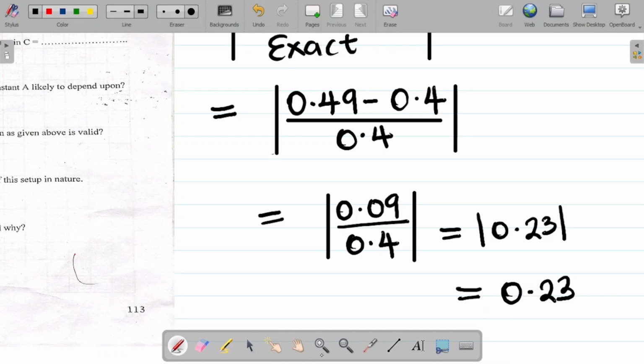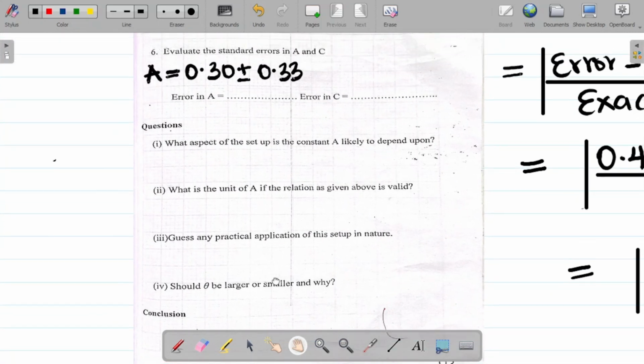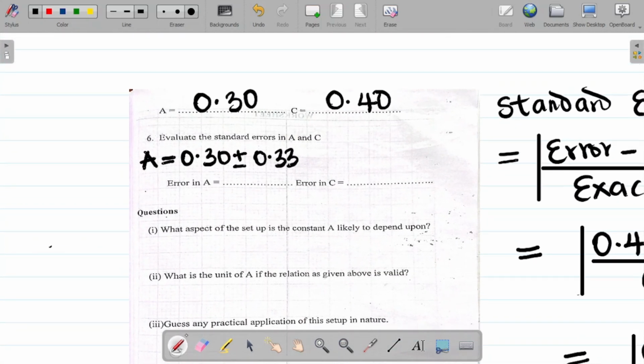So my value there is 0.23. So for C, I'll have that the error in C is equal to 0.40 plus or minus 0.23. So that's the answer for this.